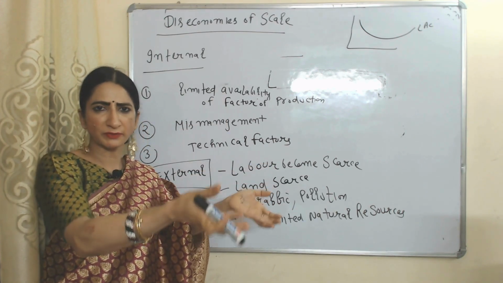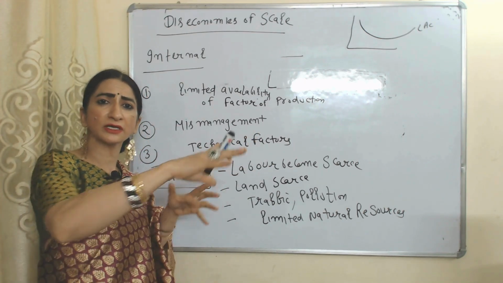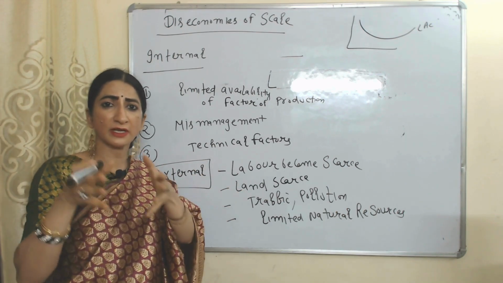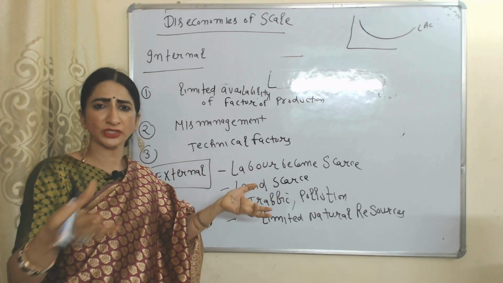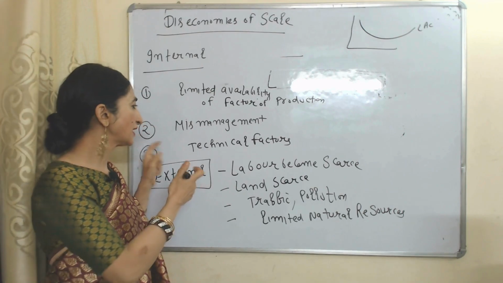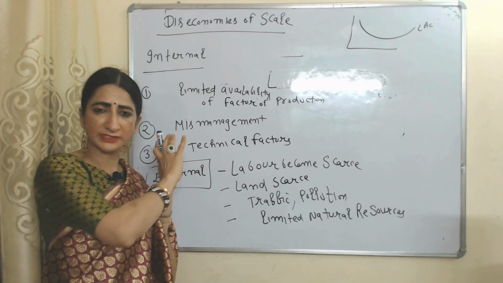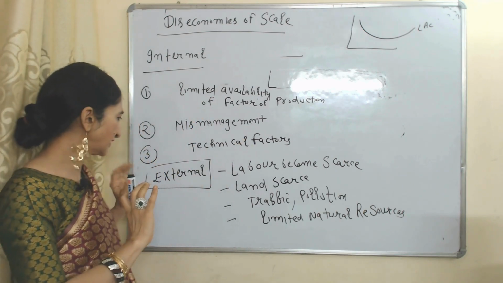Obviously then you have to import, and your cost will increase. There is mismanagement. If you continue increasing the scale of your production or expanding your business, there is no proper coordination. Because of so many technical reasons, your average cost will start increasing after some time.